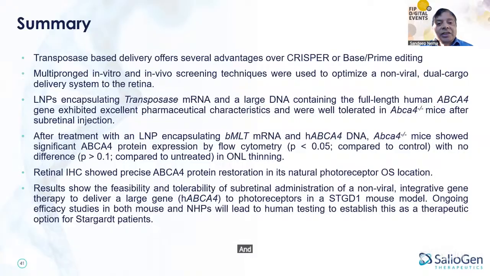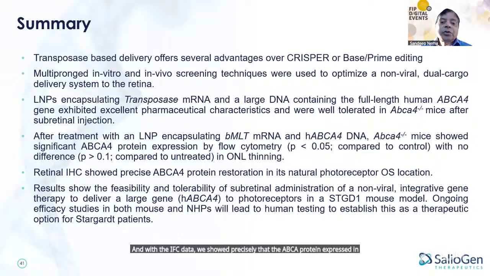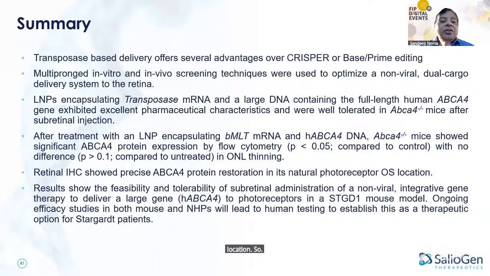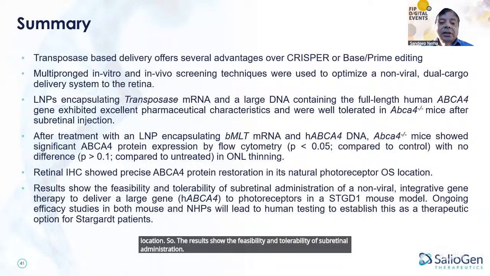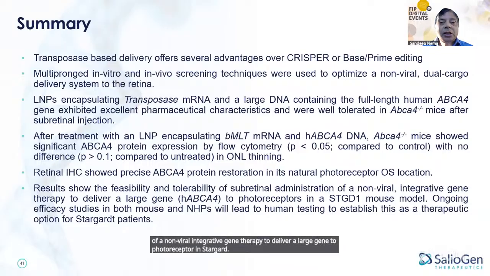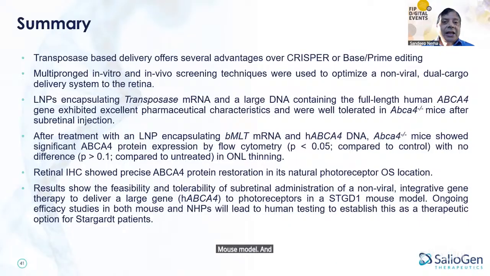And with the IHC data, we showed precisely that the ABCA4 protein is expressed in its natural photoreceptor location. So the results show the feasibility and tolerability of subretinal administration of a non-viral integrative gene therapy to deliver a large gene to photoreceptors in a Stargardt mouse model. And with that, I'll conclude and thank you very much for attending and listening to the presentation.